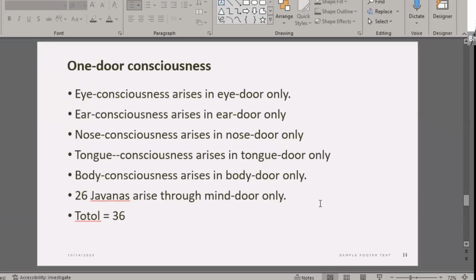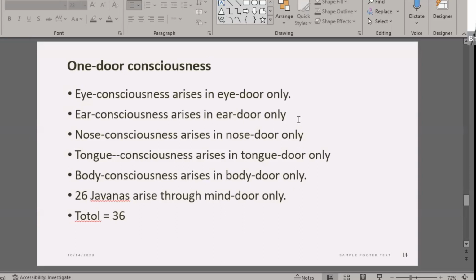One door means whatever chittas arise in one door only. Suppose eye consciousness: it arises only in the eye door. How many? There are 2. Ear consciousness arises only in the ear door.